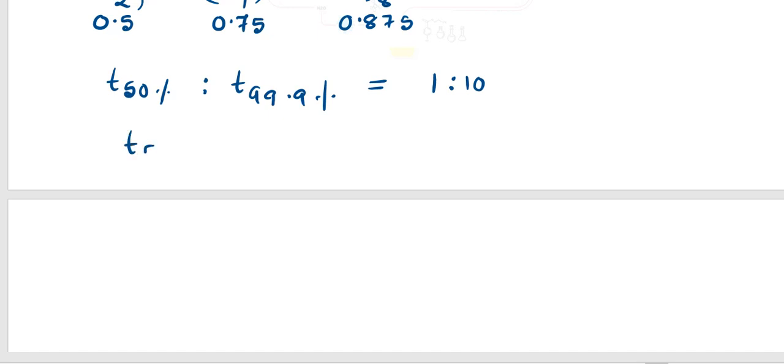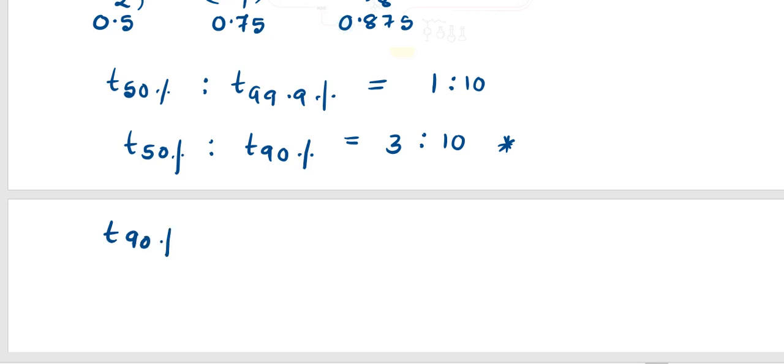Also T 50% is to T 90% is equal to 3:10. Now this is very important for us to proceed for the next few tricks. So T 90% I want to connect to half-life. So remember the number 10/3.